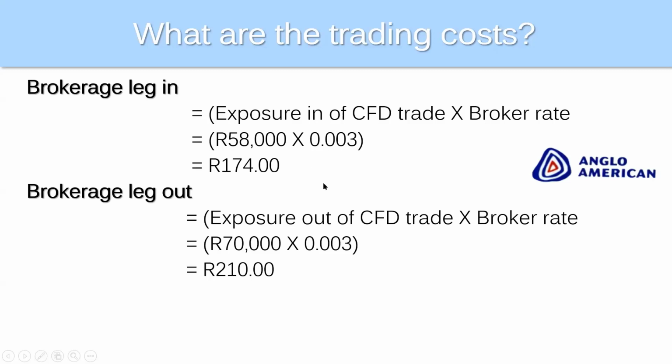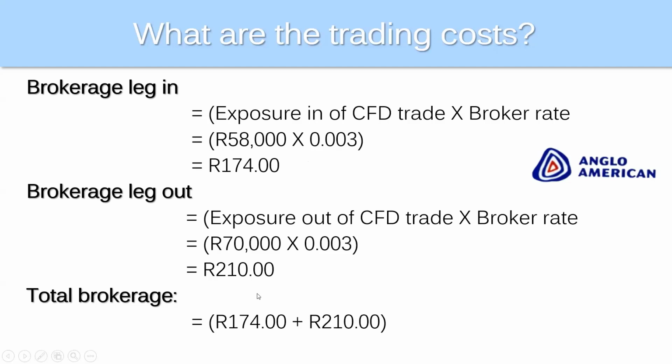We always want to make a little bit of money to help with our win rates and our winning percentage. So the total brokerage is 174 Rand plus 210 Rand, which is 384 Rand.